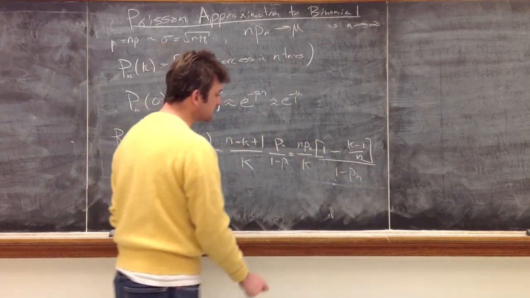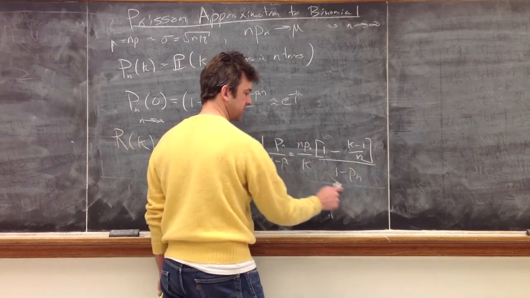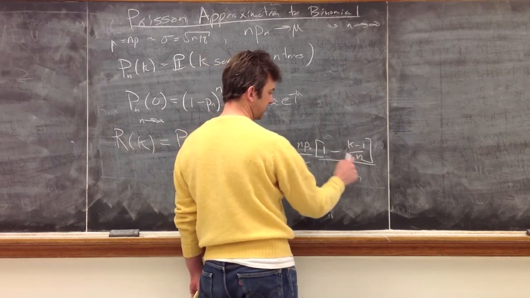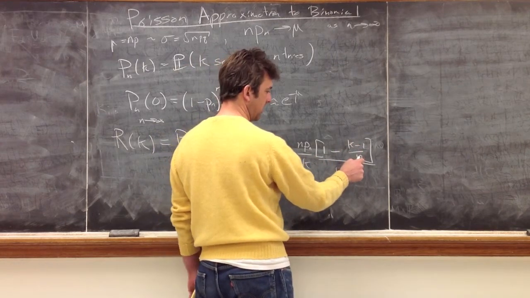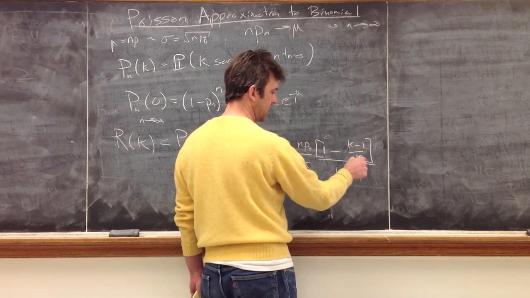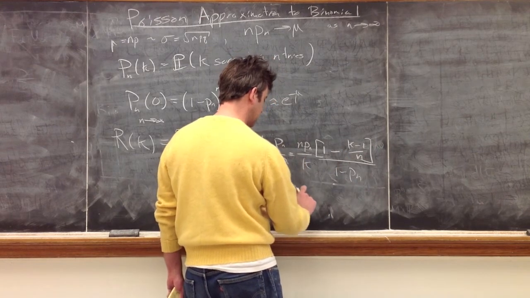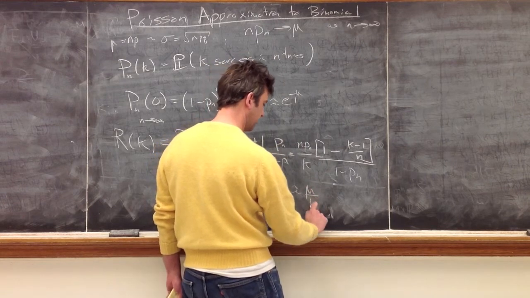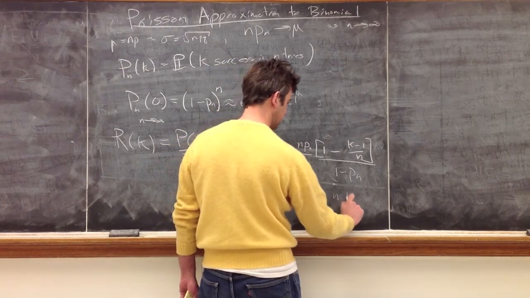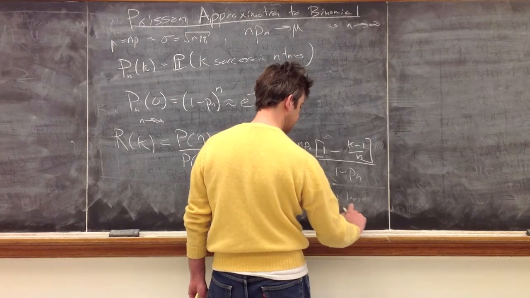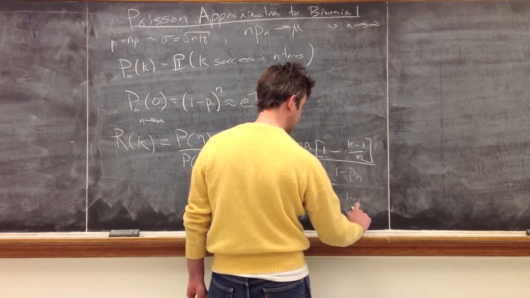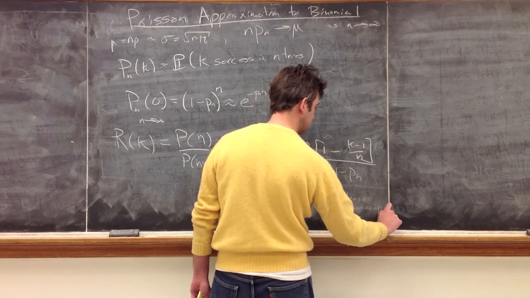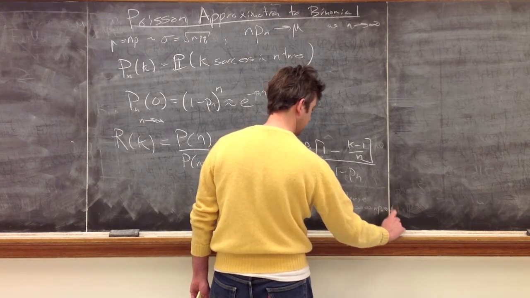Now, as n gets large, pn is going to 0, so the denominator is going to 1. And the numerator, as n gets large, k is fixed, and so k over n goes to 0. And so this whole thing is approximately np over k, which is just mu over k for n large, because we've assumed that pn is going to 0, so that n times pn is approximately equal to mu.